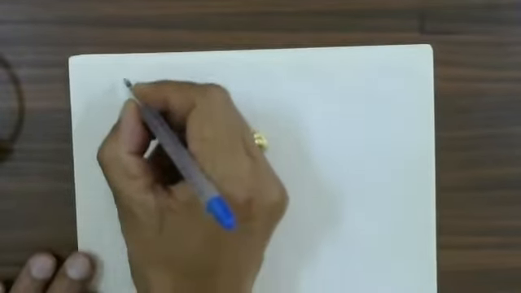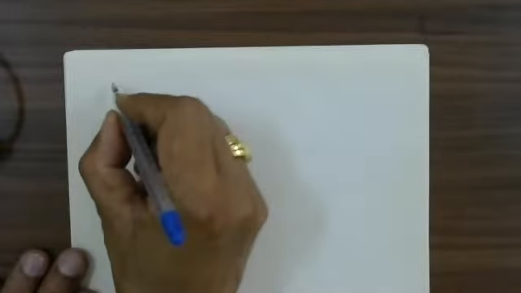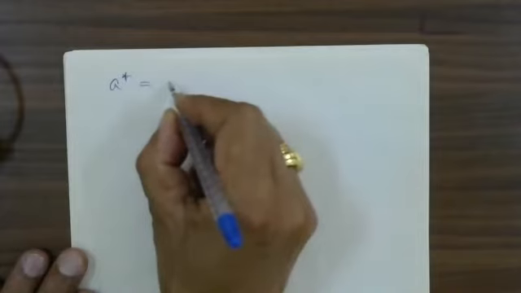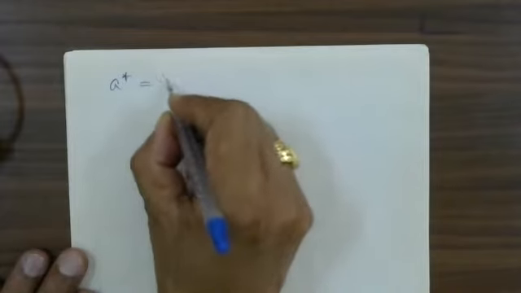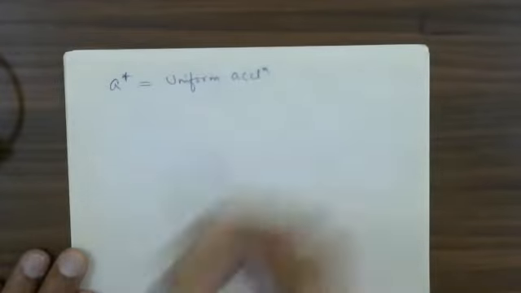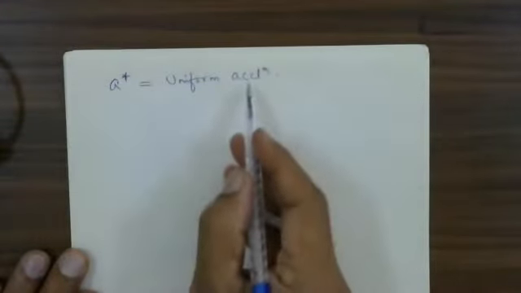Now, let us consider A star, which is a constant or uniform acceleration. If it is having an acceleration, it must be having a velocity.